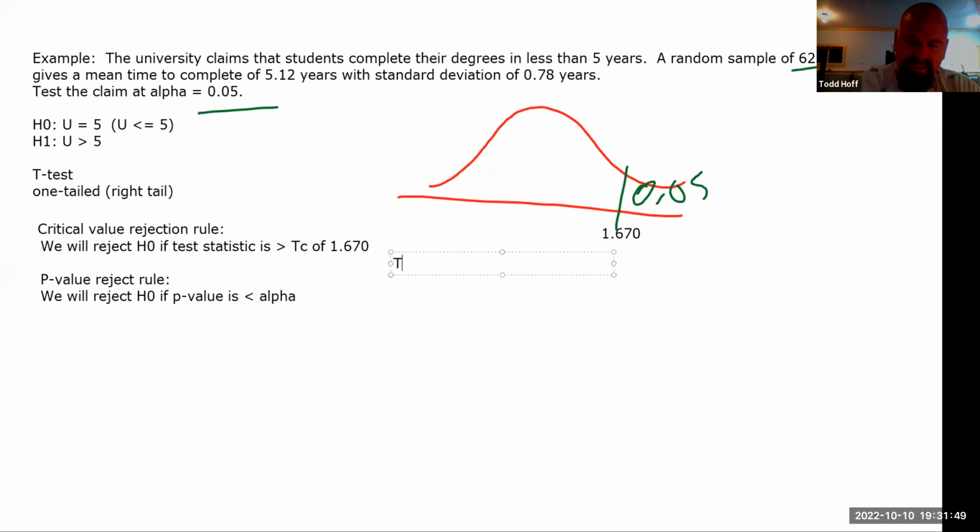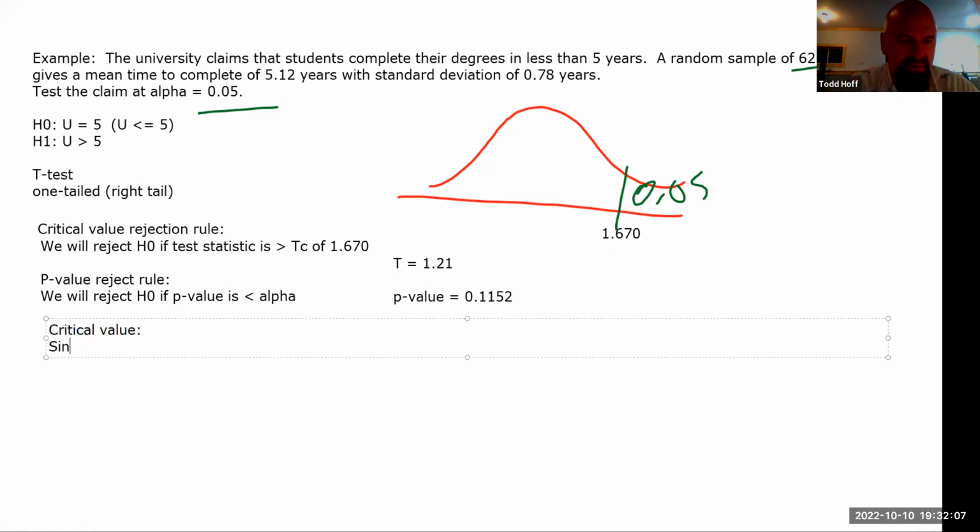So test statistic, T equals 1.21, p-value equals 0.1152. Well, our conclusion for the critical value, since the test statistic of 1.21 is not greater than the critical value of 1.670, we fail to reject the null hypothesis.